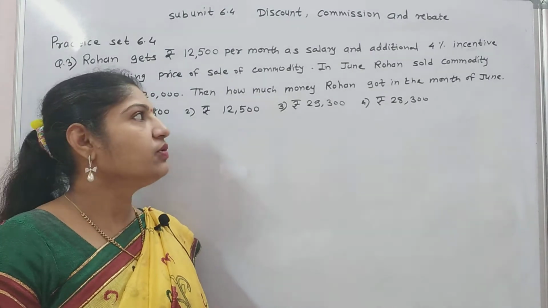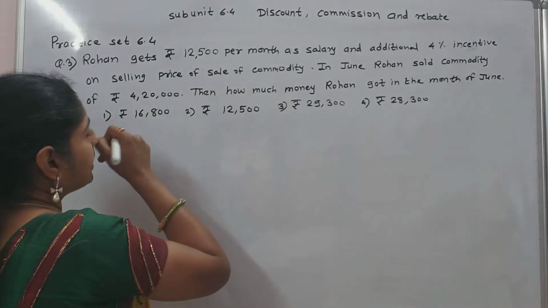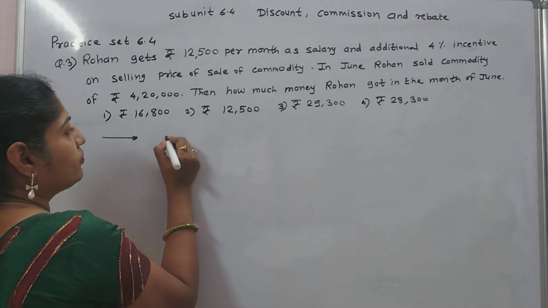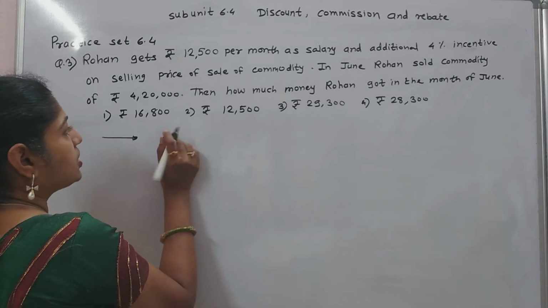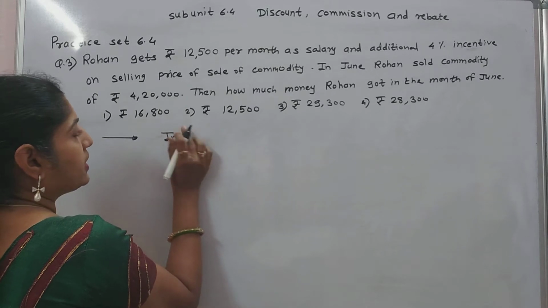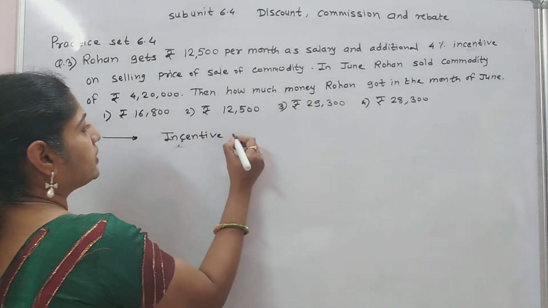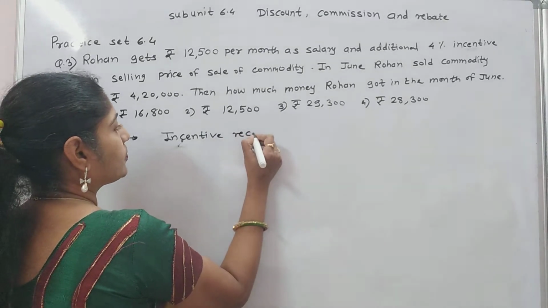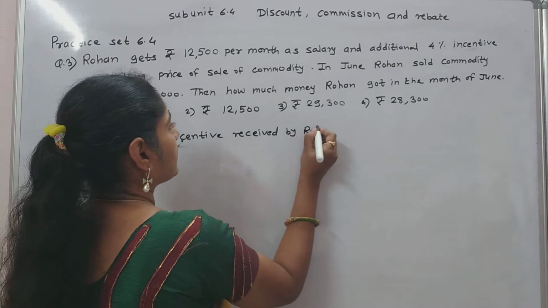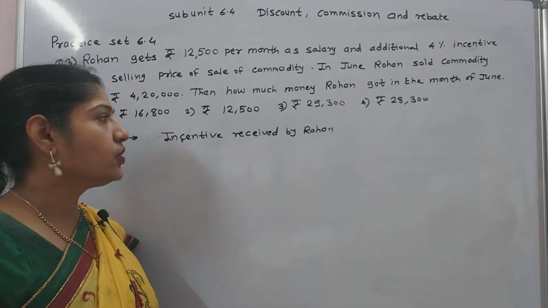Commission is 4% on selling the commodity of 4,20,000 rupees. So first find the incentive received by Rohan.